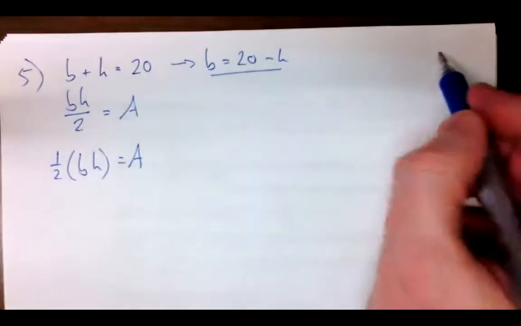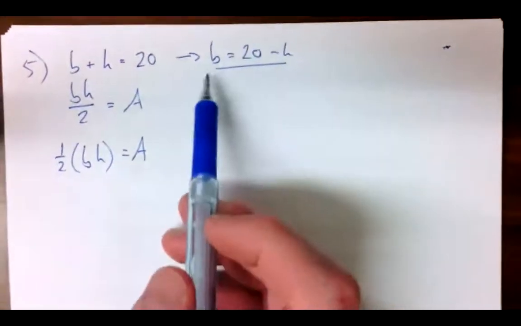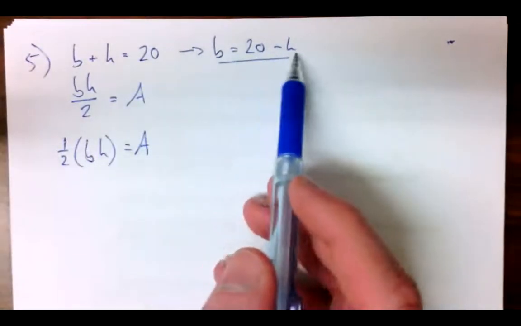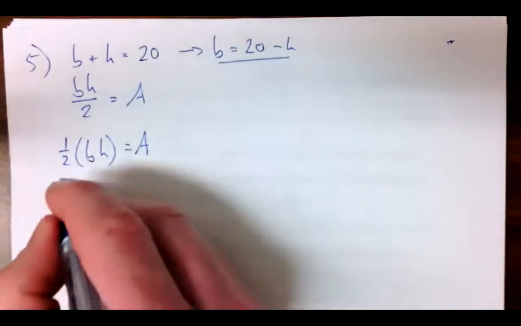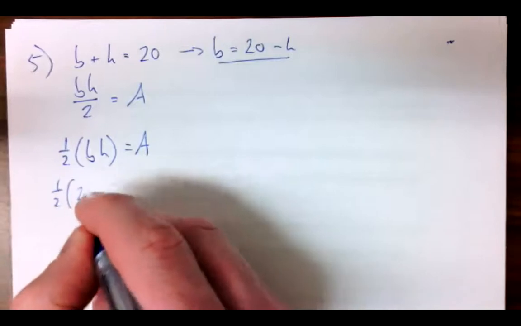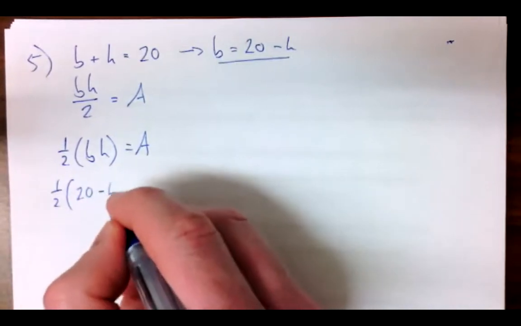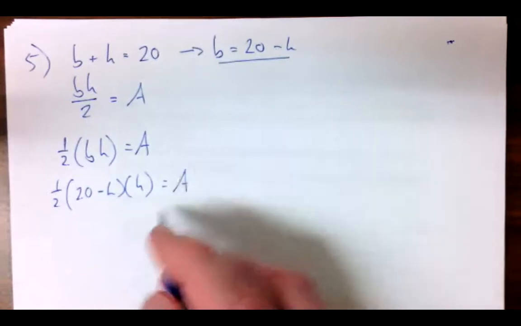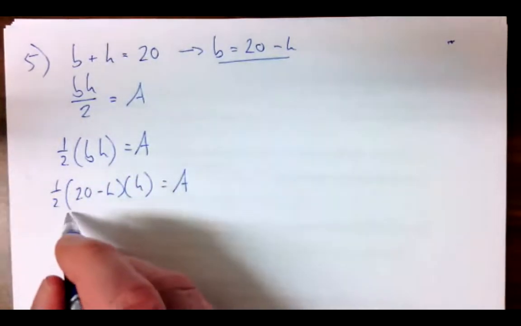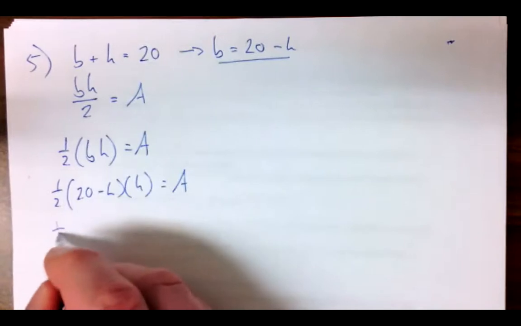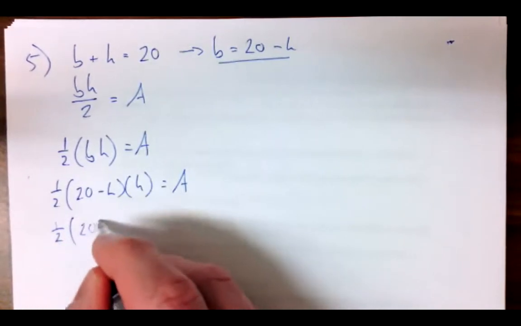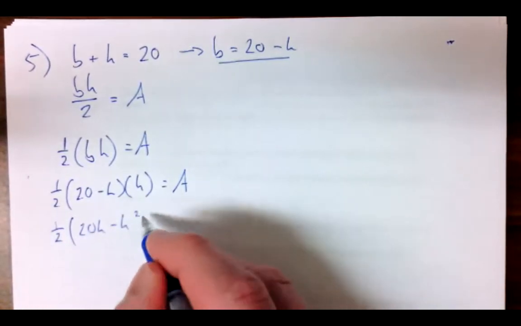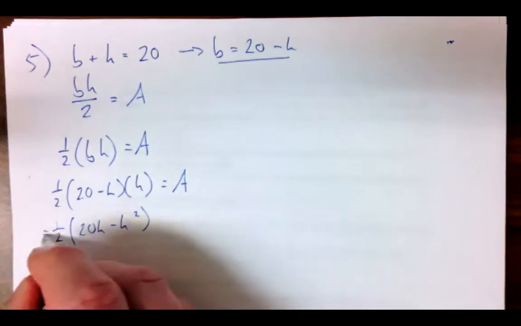I haven't changed anything, I've just changed the way it looks. Now I'm gonna substitute 20 minus H in for B. So it's 1/2 times 20 minus H times H. I'm gonna simplify this a little bit, so it's 1/2 times 20H minus H squared. I'll put it over here, that just makes me more comfortable.